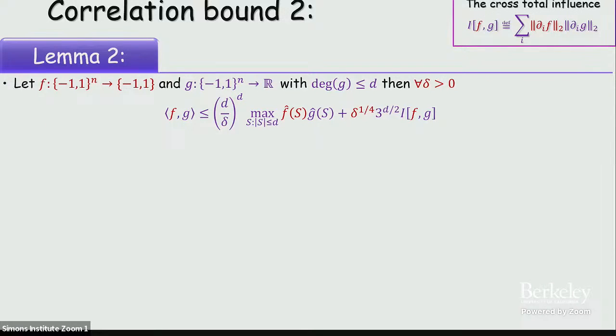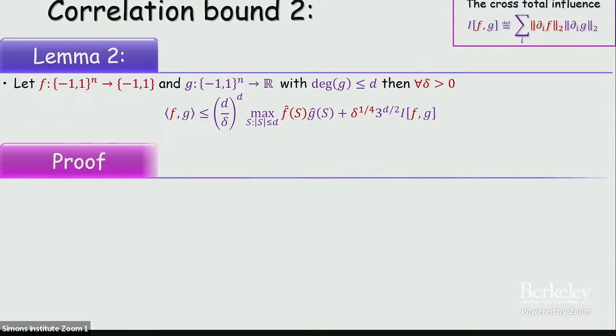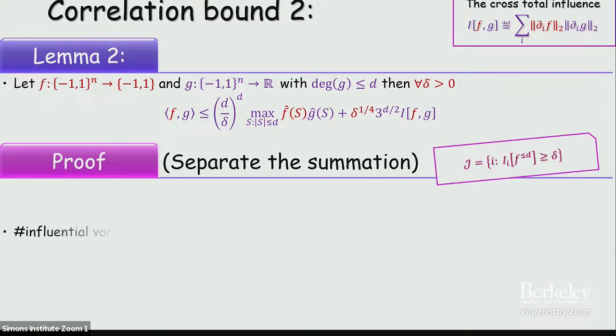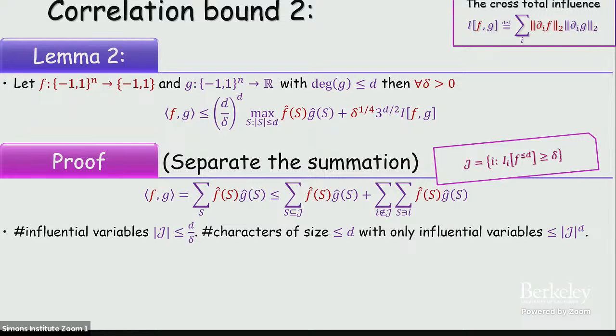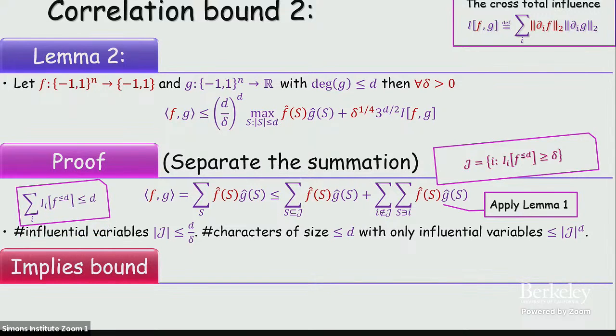And the other one just says, okay, we don't have too many that have more than delta, and they contribute at most something trivial. This is actually the proof. Let's skip it and see what we can imply from this.